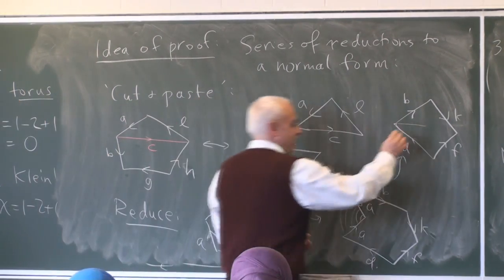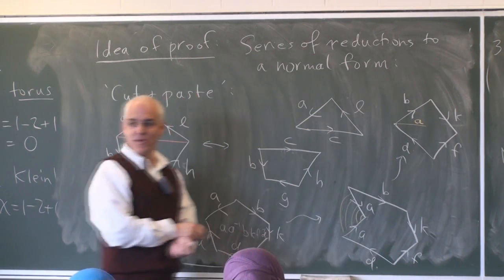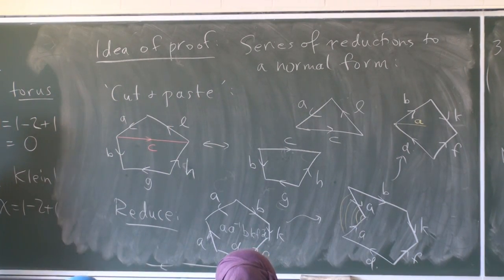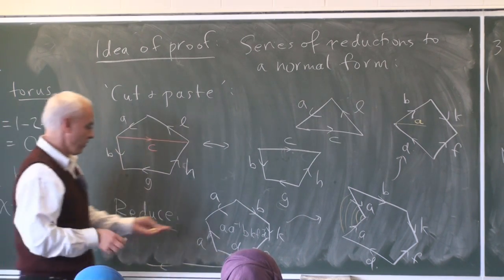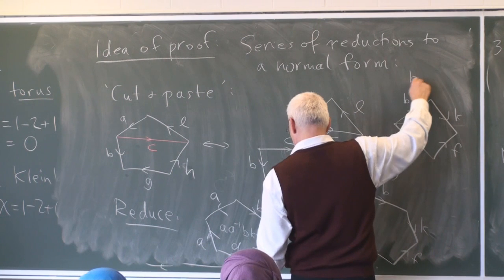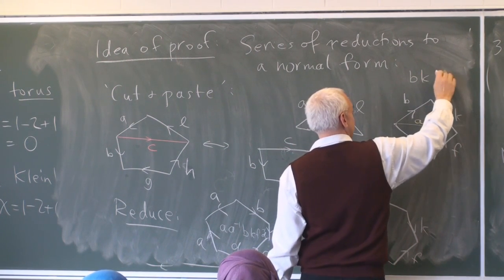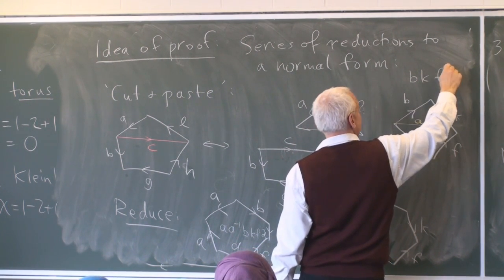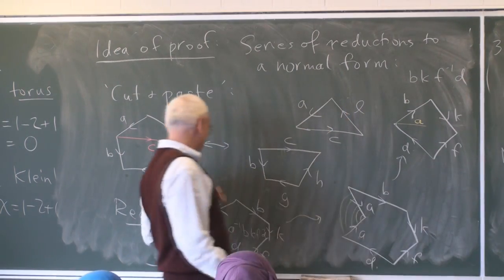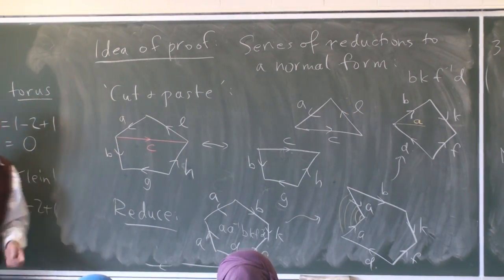That was what used to be the edge A. It's now been glued together. So the word of this would just be B, K, F inverse, D. Just what you get from taking this word and getting rid of the A and A inverse.